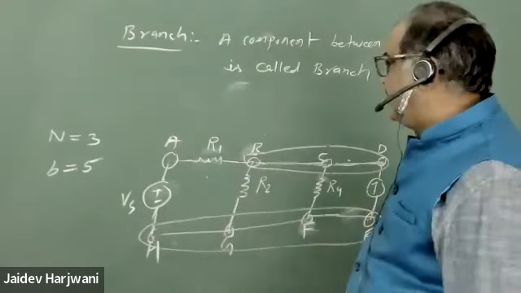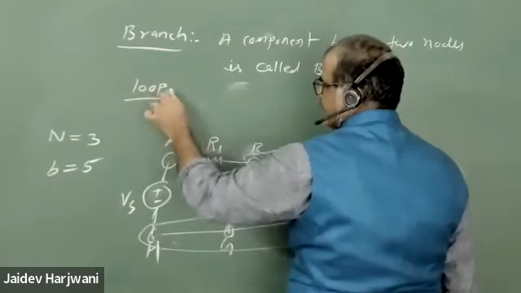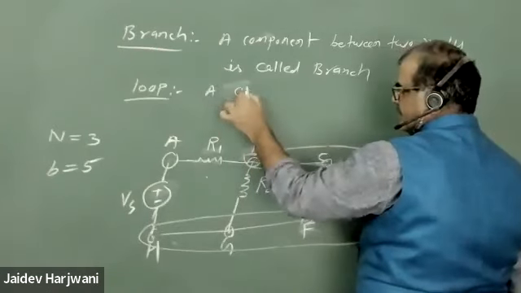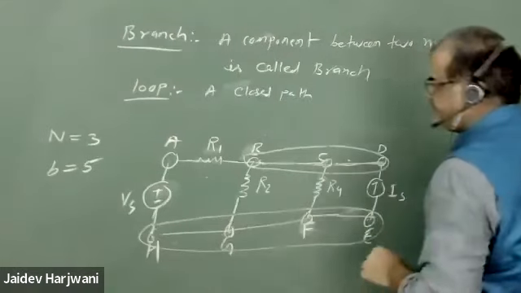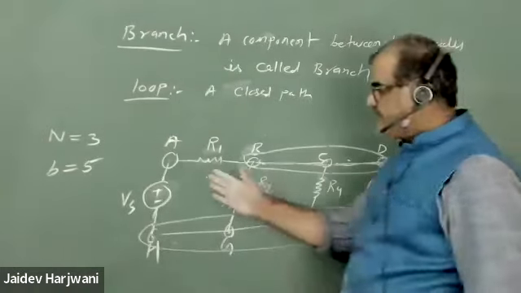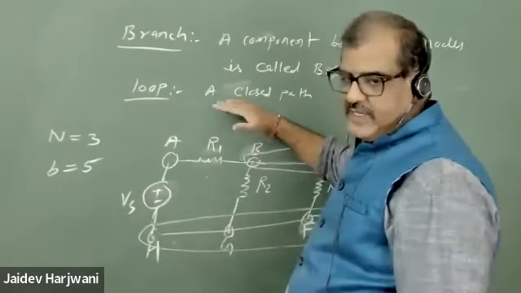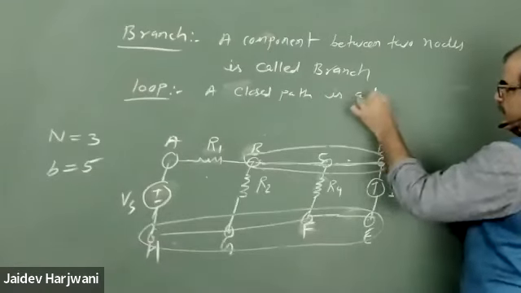And the next definition is loop. Loop I have already discussed: a closed path. Similarly, a circuit is also a loop. The definition is a closed path is a loop.